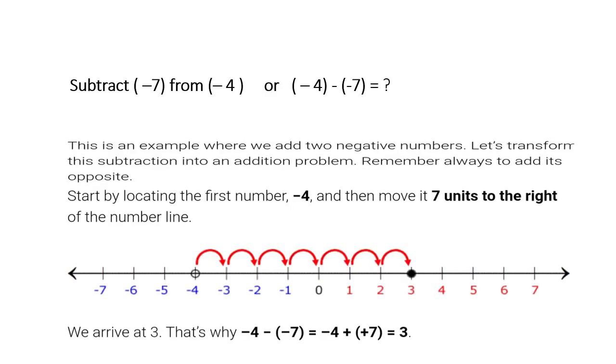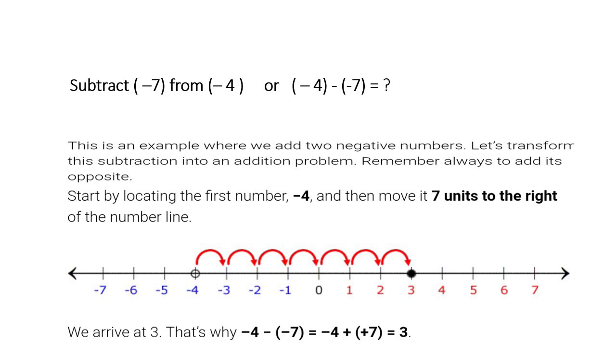Let's take another example where a negative integer is subtracted from another negative integer. We have to subtract minus 7 from minus 4. So it can be written as minus 4 minus of minus 7. What will be the result? Let's see. This is an example where we add two negative numbers. Let's transform this subtraction into an addition problem.